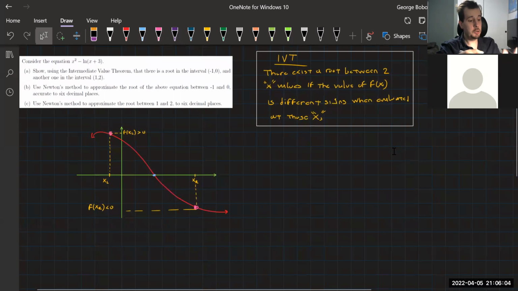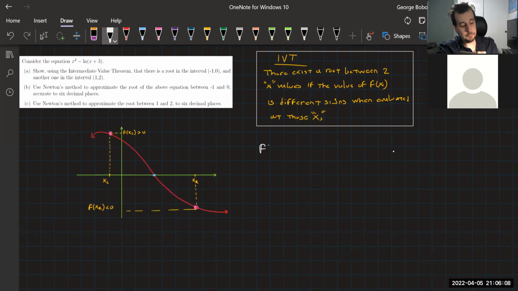Our function here in this example is f of x equals x squared minus ln x plus 3. And we're suspecting a root where? See what it says?